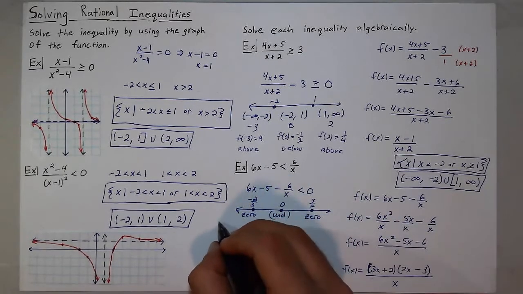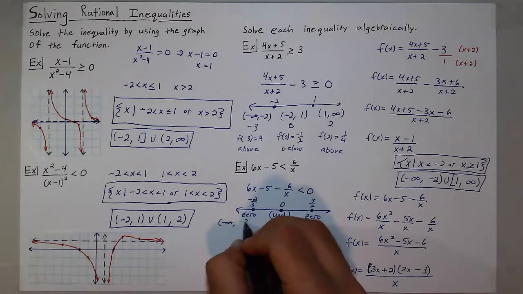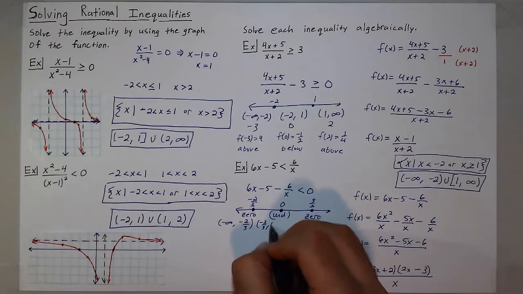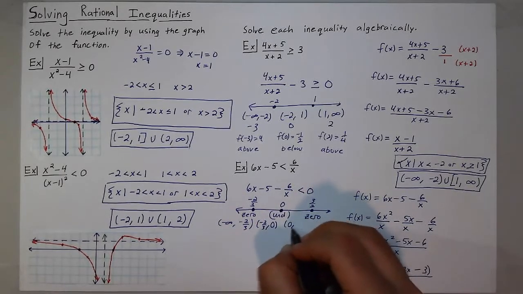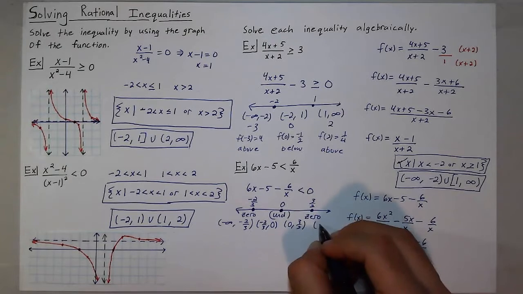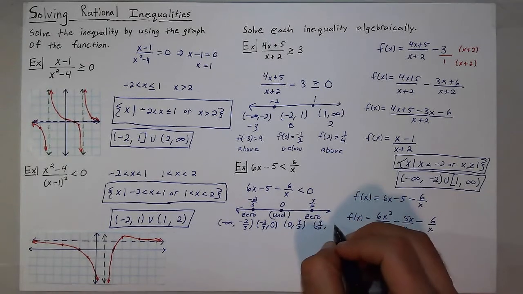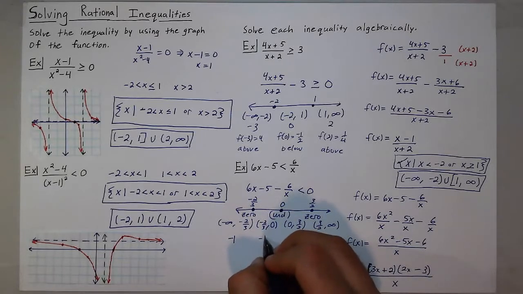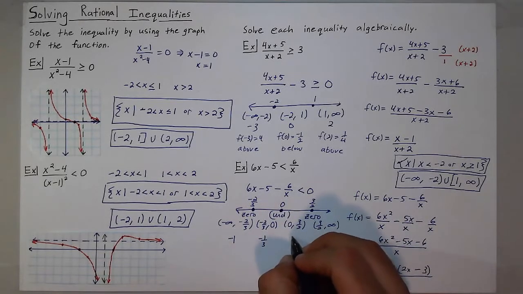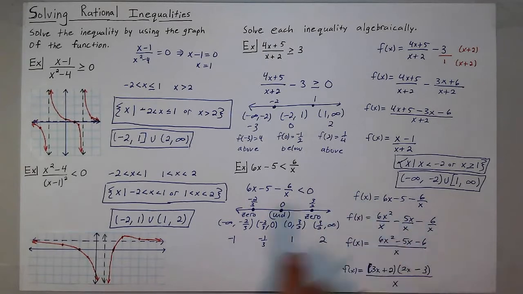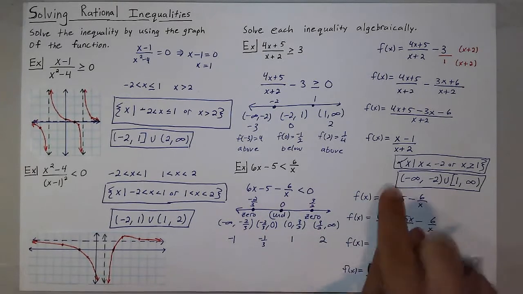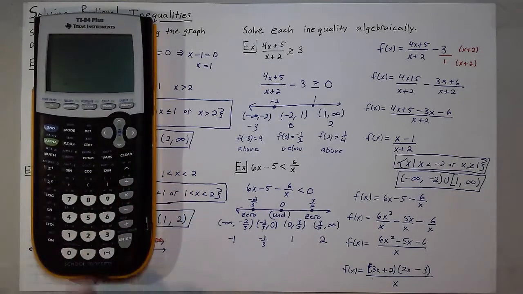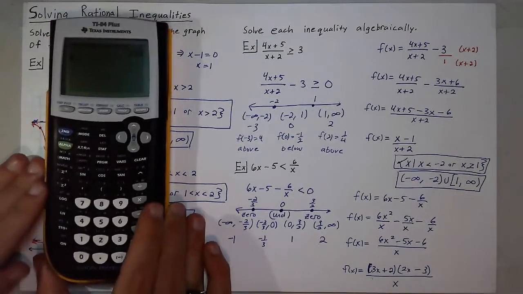So my intervals are negative infinity to negative 2/3, negative 2/3 to 0, 0 to 3/2, and 3/2 to infinity. So I can plug in negative 1, negative 1/3, 1, and 2 into my function, to make sure I don't make any mistakes.